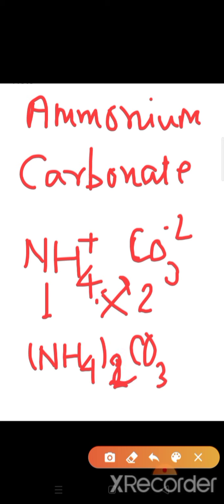Next one is ammonium oxalate. What is the formula of ammonium? It is NH4 positive. What is oxalate? It is C2O4 minus 2.